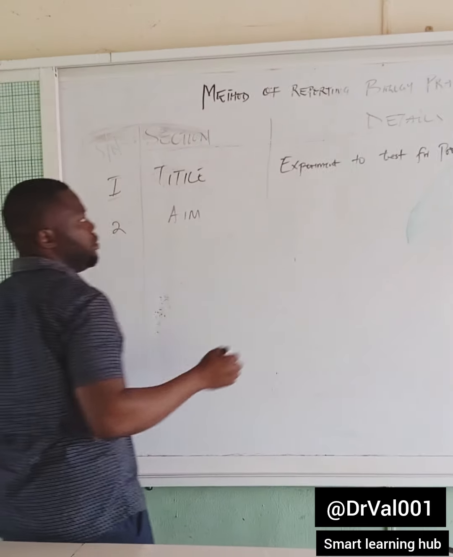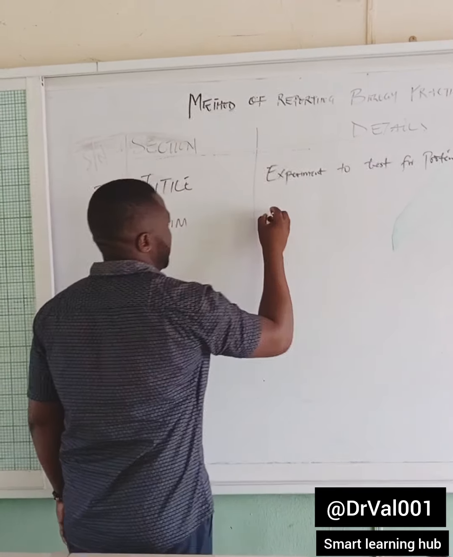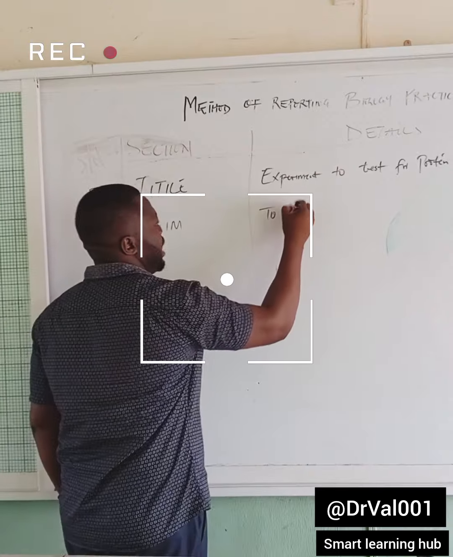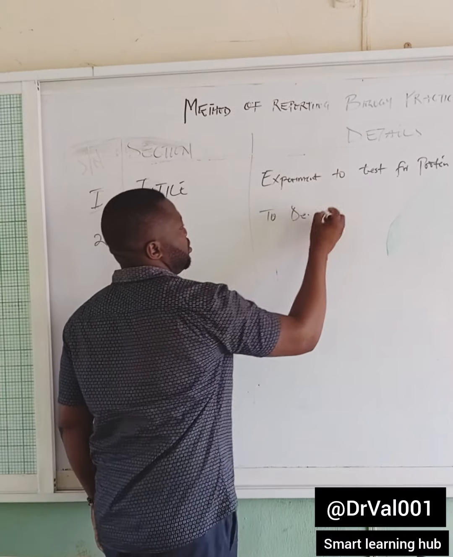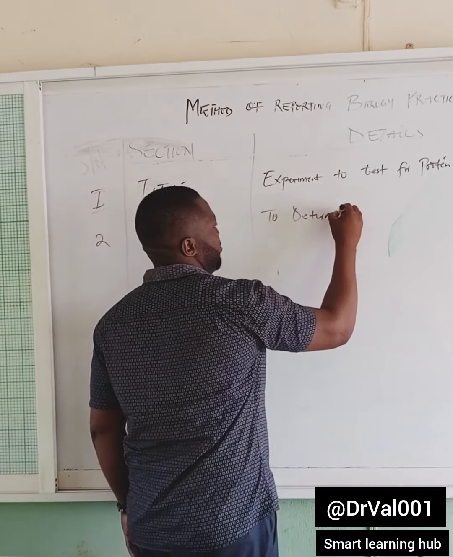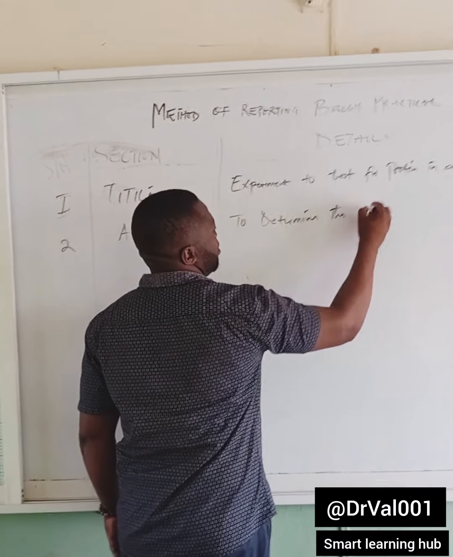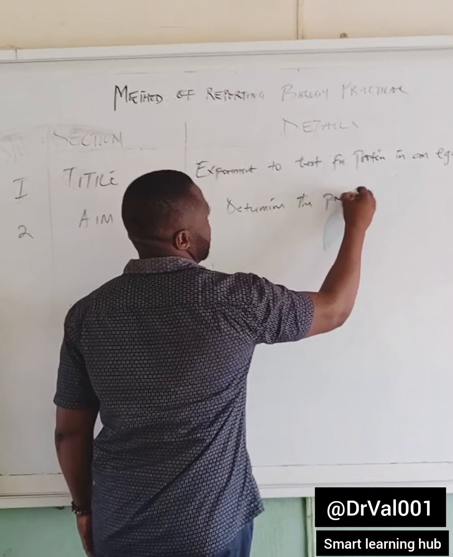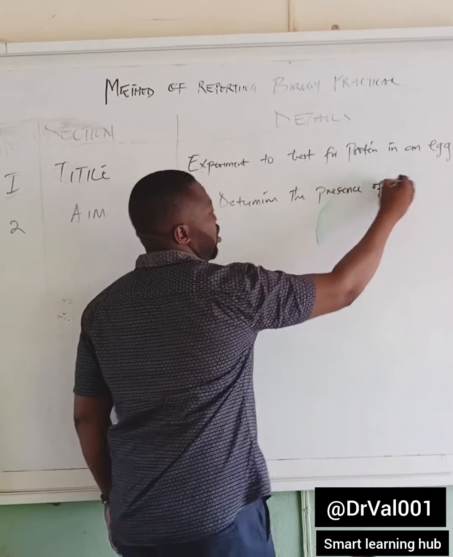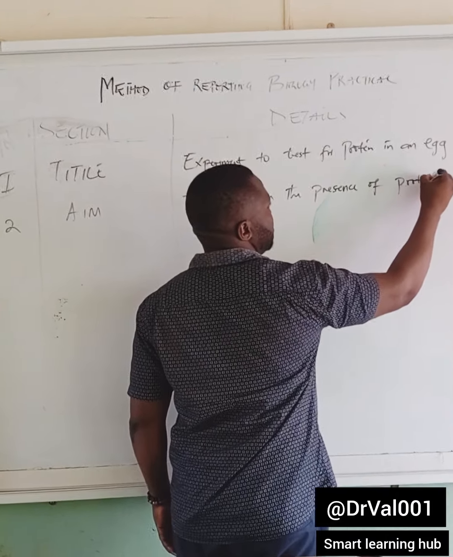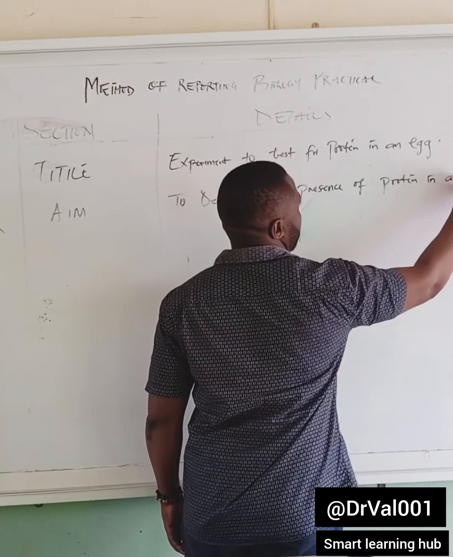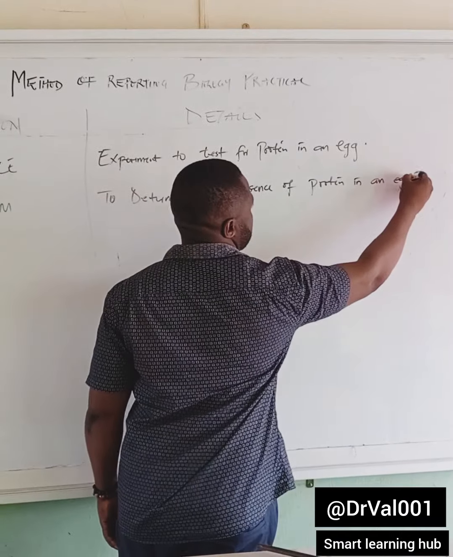What is the aim of the experiment? Is to determine the presence of protein in an egg.